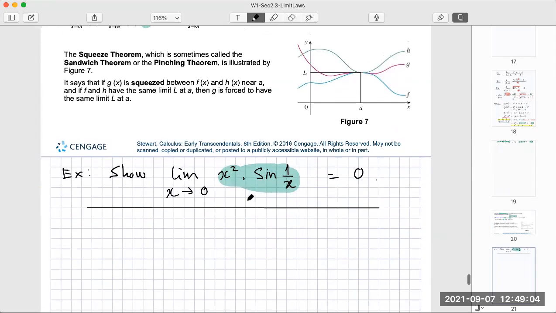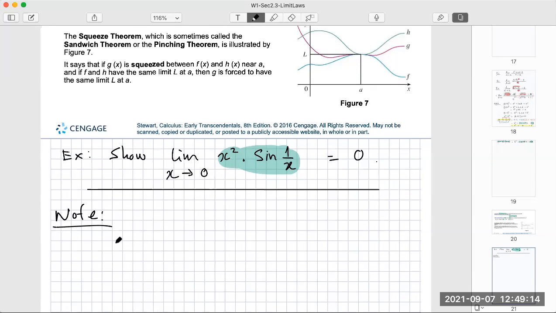What do you think about this guy? What is special about this? What is the difficulty of this function? It's sine and it's hard, right?